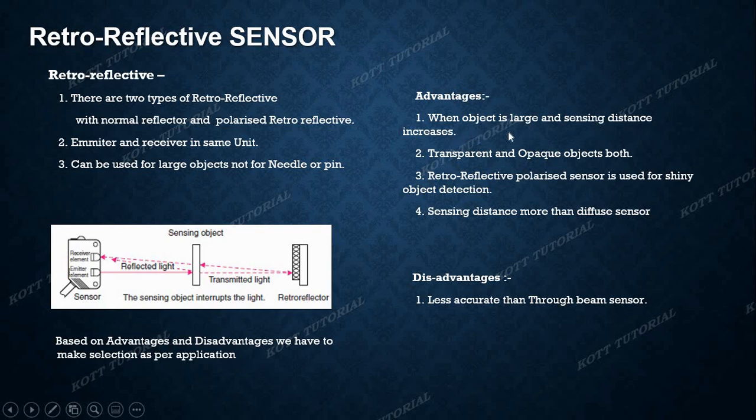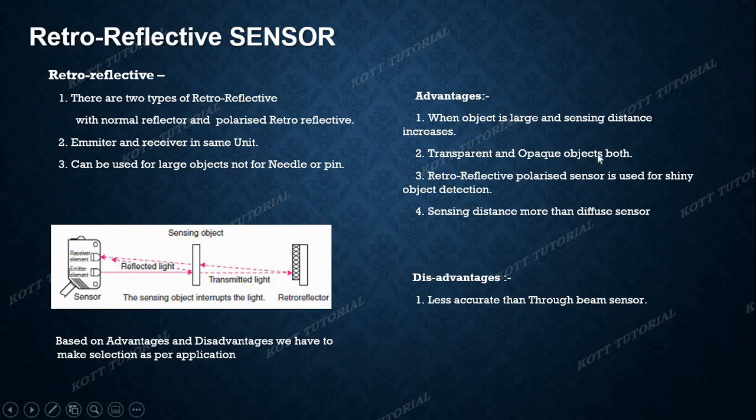Sensing distance increases when the object is large. This retroreflective sensor has a higher sensing distance as compared to the diffuse sensor. Sensing distance is high because they are using a reflector.